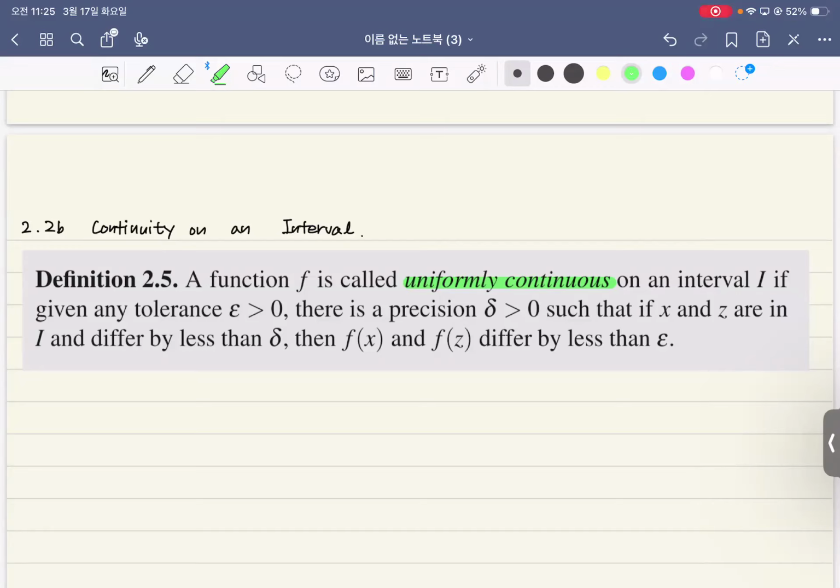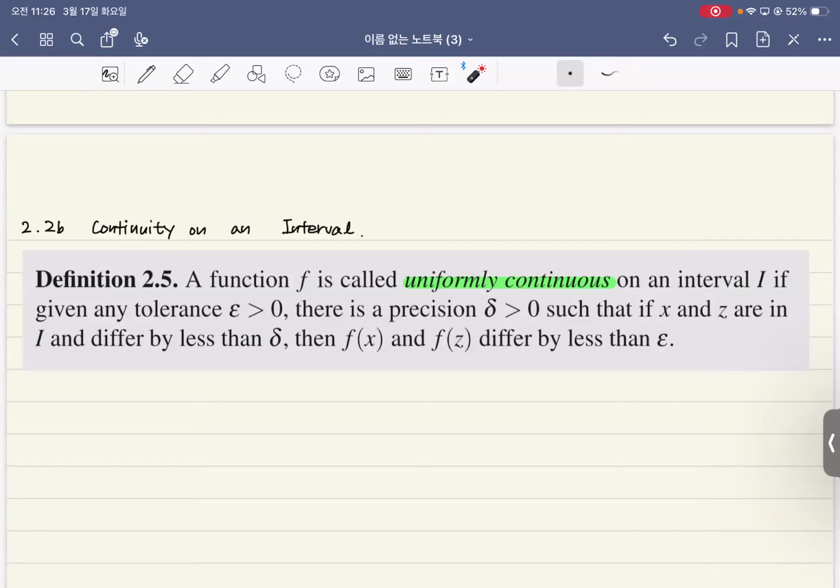What is the condition? You choose two points x and z in the interval I, so these two points must be in I, and they differ by less than delta. This means the absolute value of x minus z is less than delta.